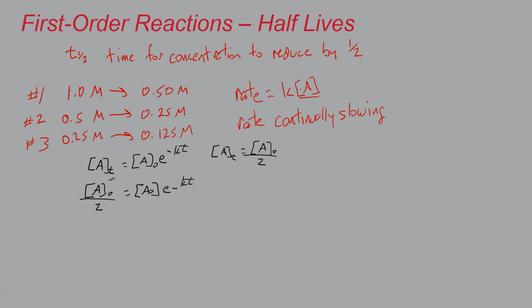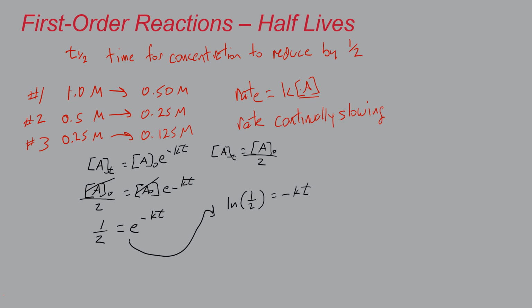What you see here is that you've got an A0 on each side, so you can just cancel that out. That gives us 1/2 equals e to the negative kt, where k is the rate constant. And to get rid of the exponent, take the natural log. So here we've got the natural log of 1/2 is equal to negative kt.